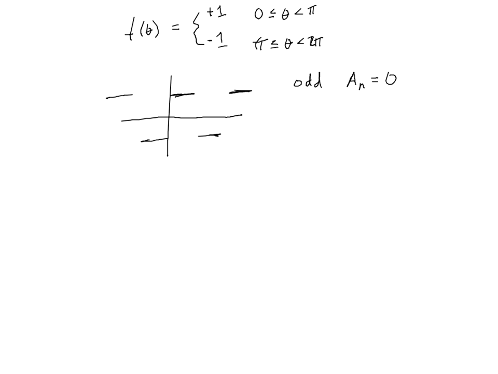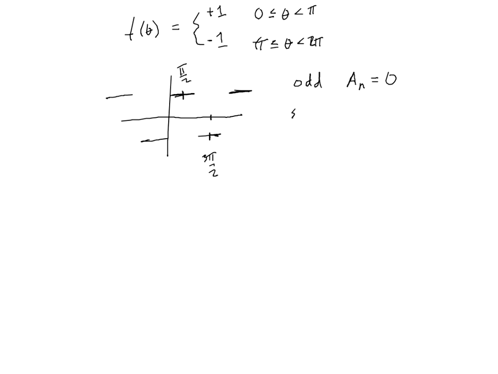Now also you'll notice that this right here is, sorry, that's 3 pi over 2. This will be pi over 2 right here. So it's symmetric about pi over 2, right?